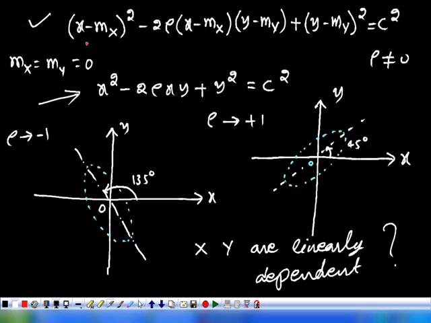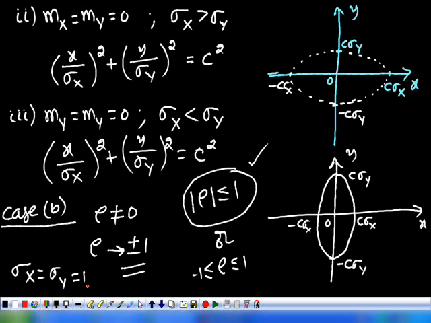See this equation. Where is the sigma x here, sigma y? We assume sigma x equivalent to sigma y equivalent to 1. And rho is not equivalent to 0. Therefore, the two random variables x and y are linearly dependent.